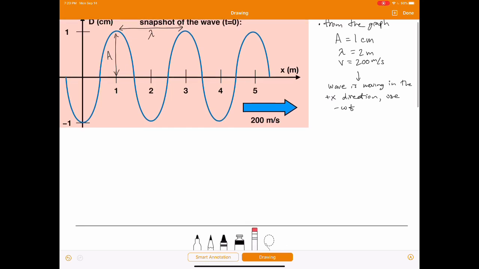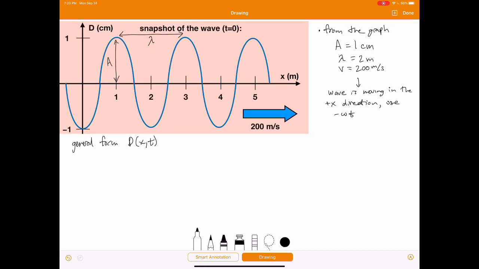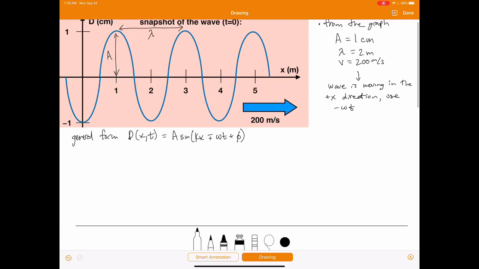To remind you, the general form of d of x and t for a sine wave moving in one dimension is the amplitude A times sine of kx minus or plus omega t plus phi. We need to pick the negative sign because we have a wave moving in the positive x direction. With that said, let's do some calculations.